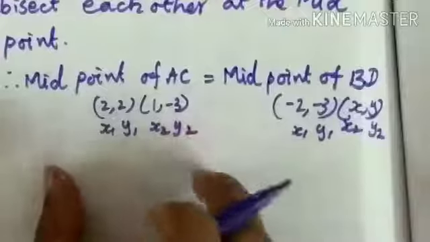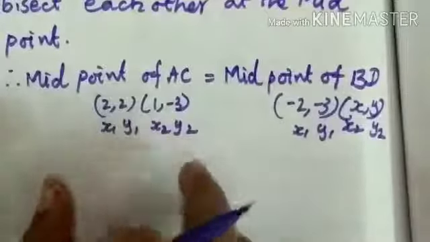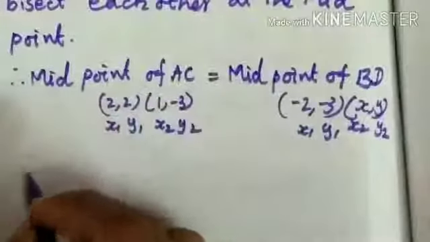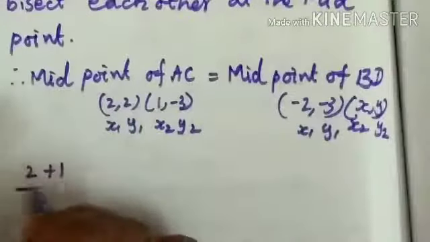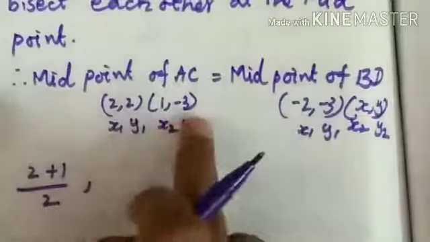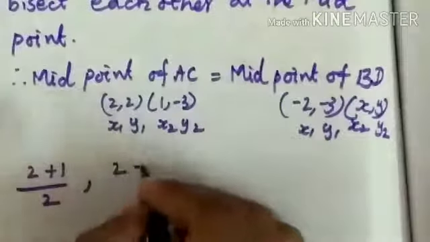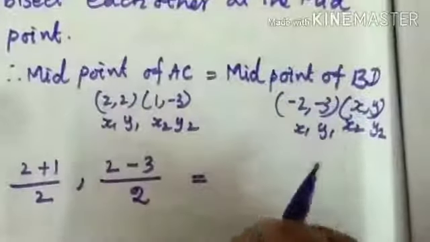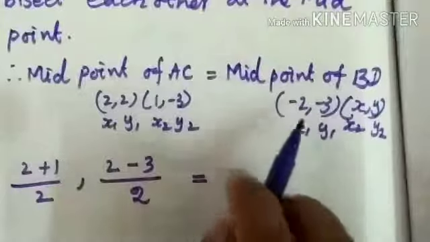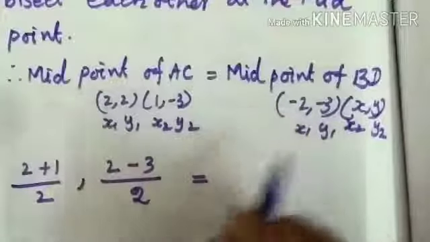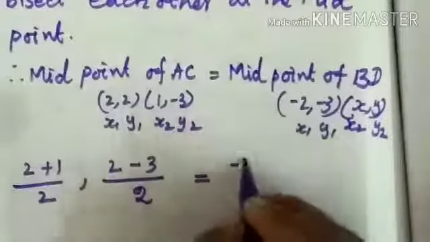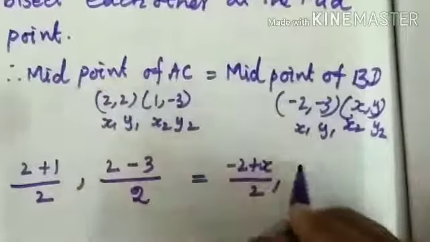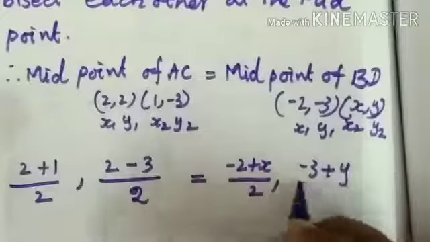Now you have to apply these points in the midpoint formula, means we have x1 plus x2 by 2, that is 2 plus 1 by 2, y1 plus y2 by 2, that is 2 minus 3 by 2, is equal to, again you have to apply this formula, minus 2 plus x by 2, minus 3 plus y by 2.